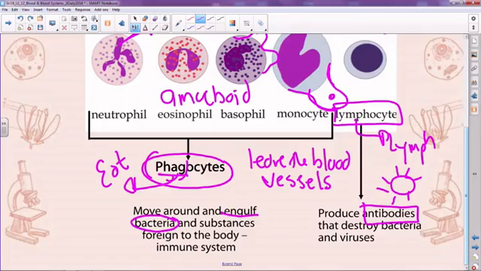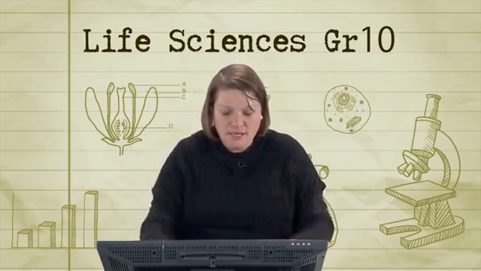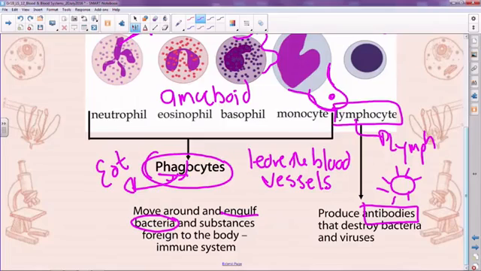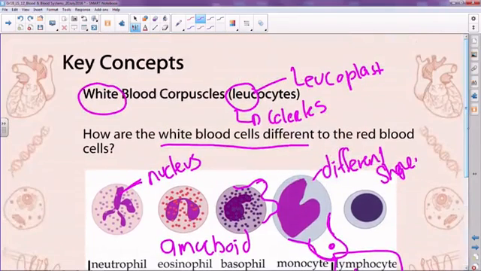They put around this foreign cell so that it can't come into any of our body cells, and they can't do any harm. So as you can see, what is the function of our white blood cells? Our white blood cells are there to help us with our immunity.